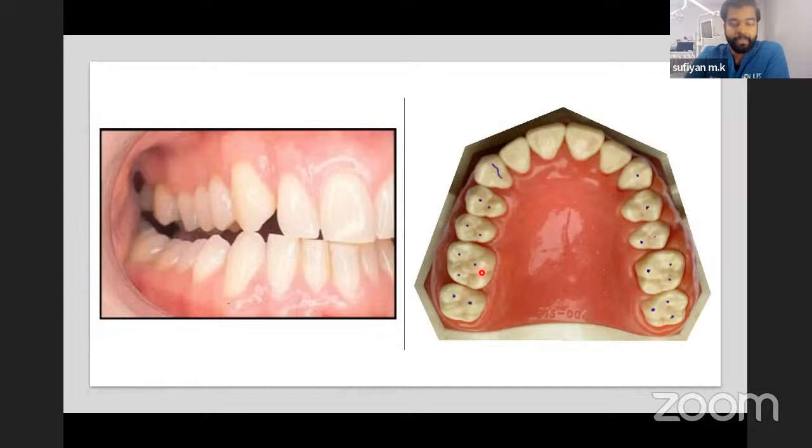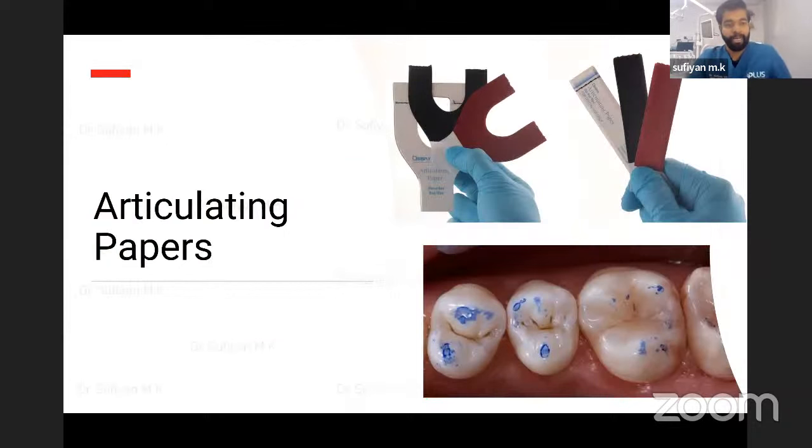There should be no markings in the posterior, only marking in the canine. If you have one or two markings in the posterior, not uniform marking, then these are the occlusal interferences. You will check the same thing on the other side, taking the mandible to the other side. Articulating papers are what we use to check the occlusion.